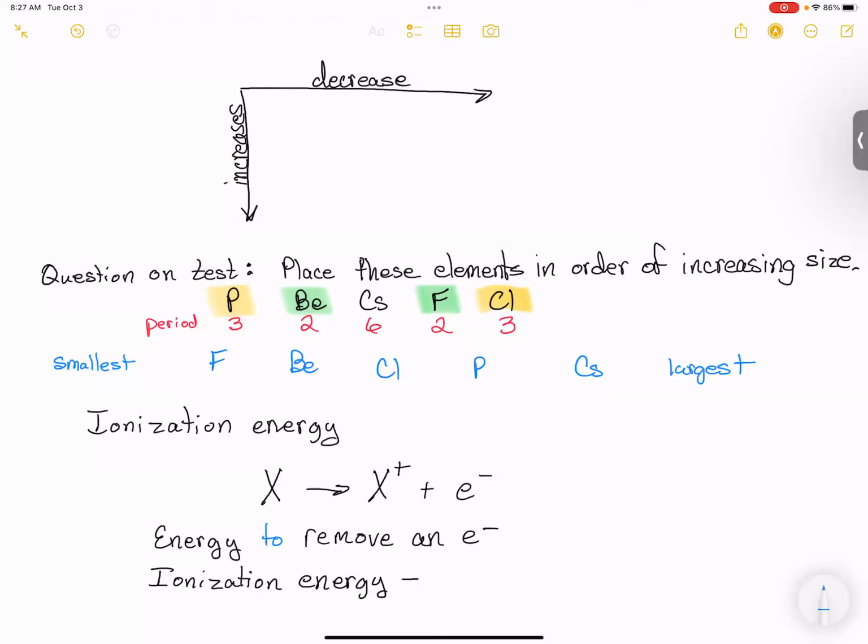Okay. So ionization energy is the energy required to remove an electron to make 1 mole of ion.